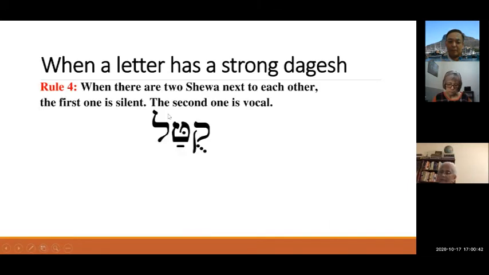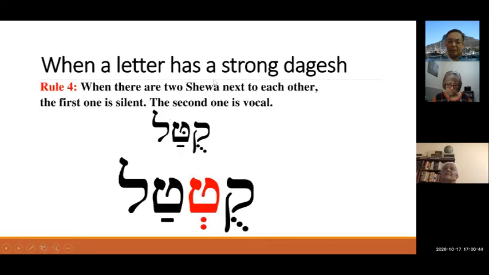Like here, for example, the first tet will automatically have a schwa here, right? The second one will carry the vowel that you see here. So this one is kutao, kutao.